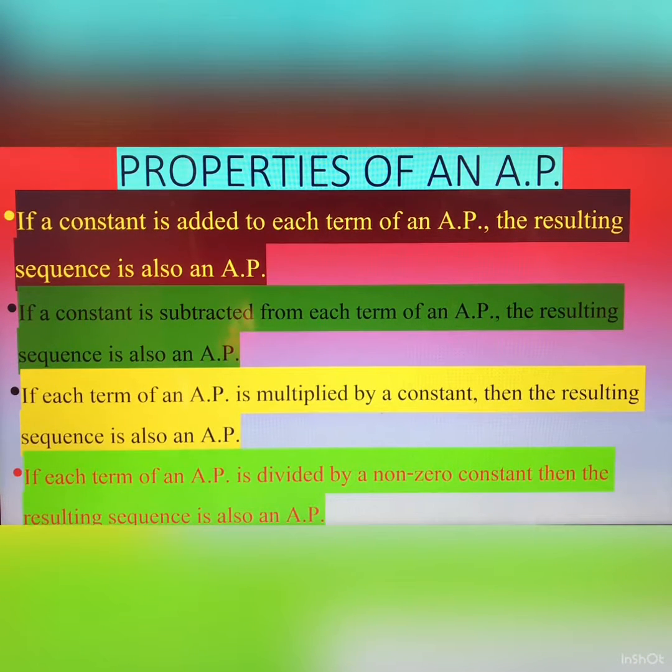Now if each term of an AP is divided by a non-zero constant, then the resulting sequence is also an AP. Means if we divide the given AP by a fixed number, then the new sequence is also an AP. So these are the properties of an AP.